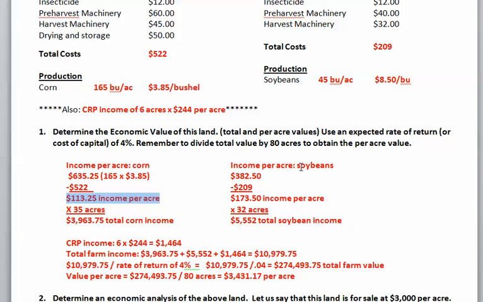Now on to the soybeans. Same thing, we take the bushels times price to get total income, subtract the total cost to get a net income of $173.50 per acre, times 32 acres gives us a total soybean income of $5,552.